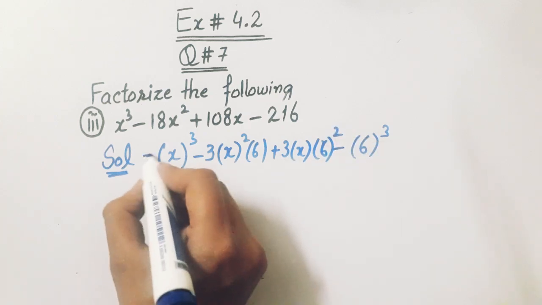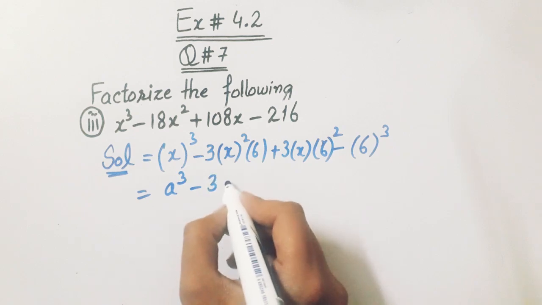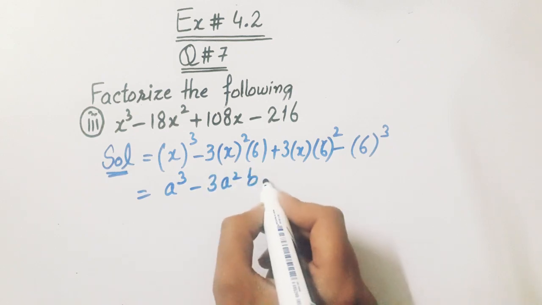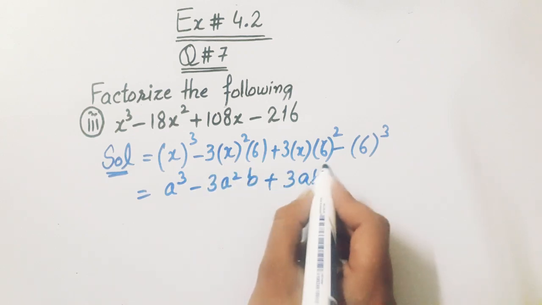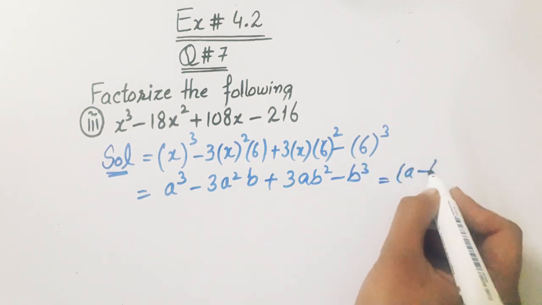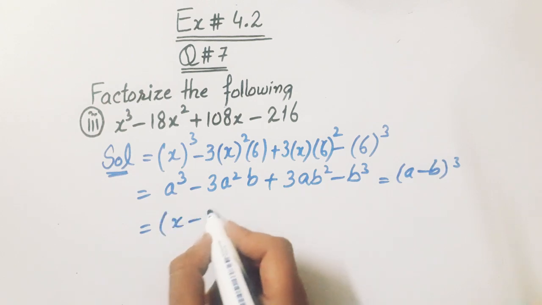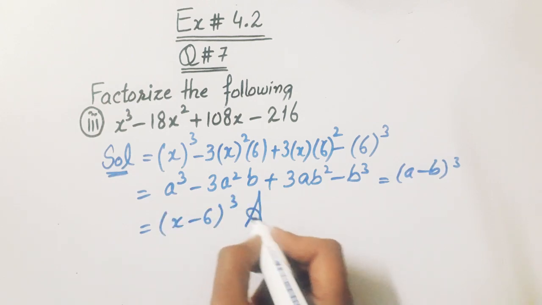So this is equal to a cube minus 3a square b plus 3ab square minus b cube, which is equal to a minus b whole cube, and we have x minus 6 whole cube. This is the final answer.